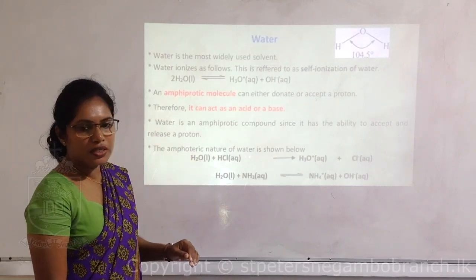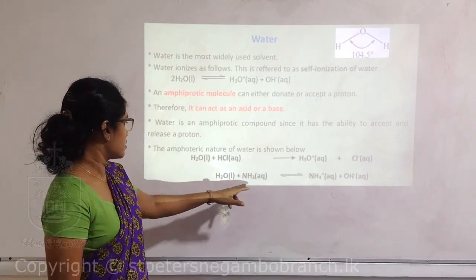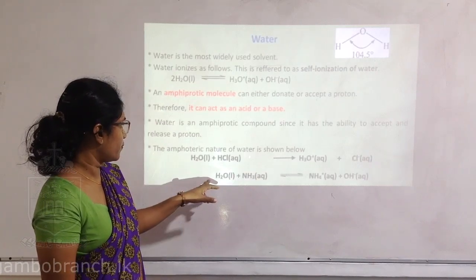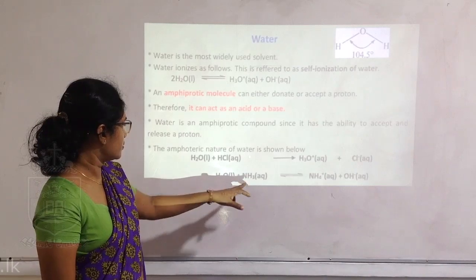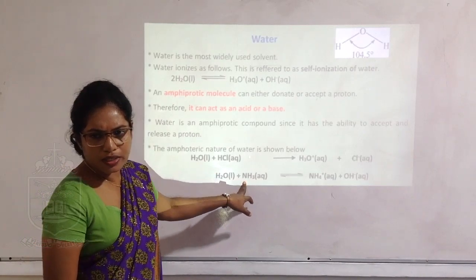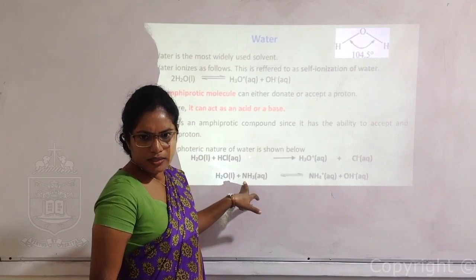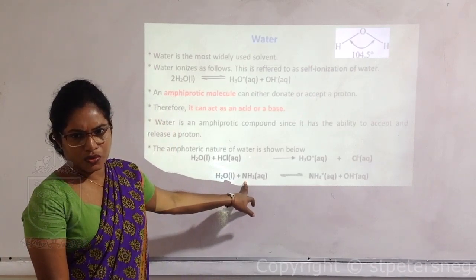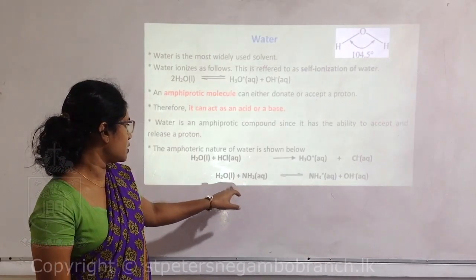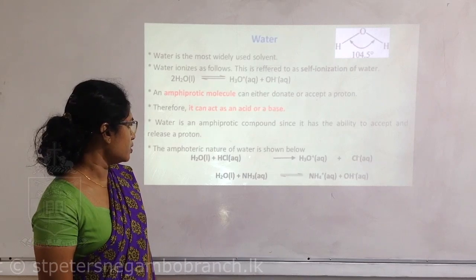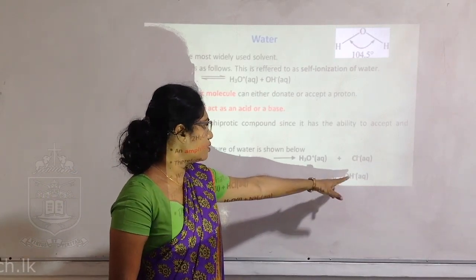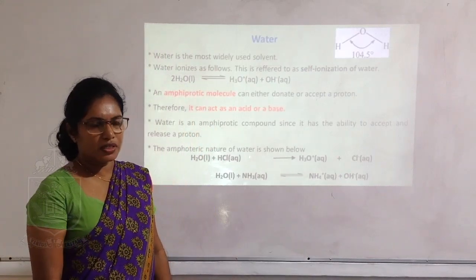And when water reacts with ammonia, ammonia is a base. Here you can see the water has the ability to release a proton. Here water releases a proton and forms NH4 plus ion and OH minus ion.